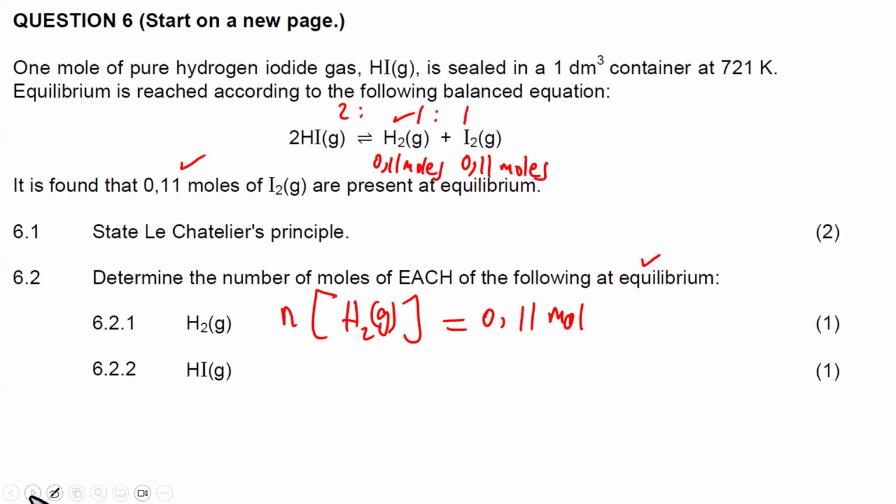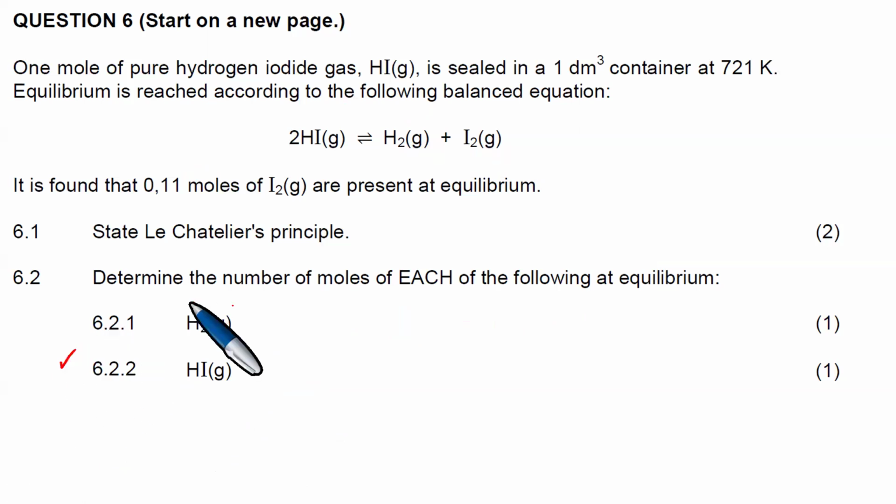This is what we're asking now: determine the number of moles of each of the following at equilibrium, hydrogen iodide. We've already said hydrogen iodide, so you have the ratio 2:1:1. 2 moles of hydrogen iodide are in the ratio 2:1:1.